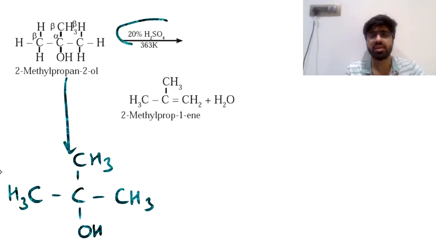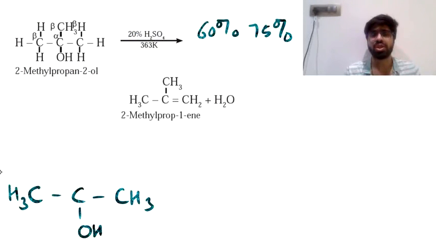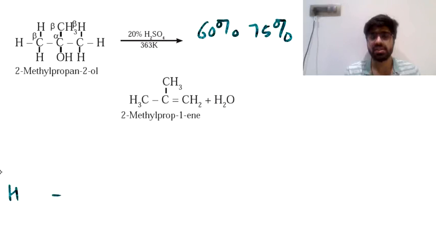So the strength of H2SO4 here is 20%, that is the least, compared to 60% for secondary and 75% for primary. And the temperature is also the minimum for taking out OH from a tertiary alcohol. So tertiary alcohols are going to react the fastest, secondary a little slower, and primary will be the most difficult to carry out the dehydration reaction.